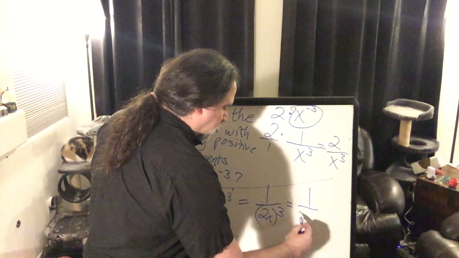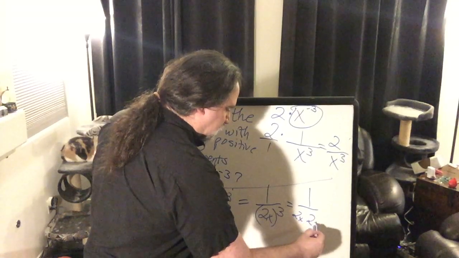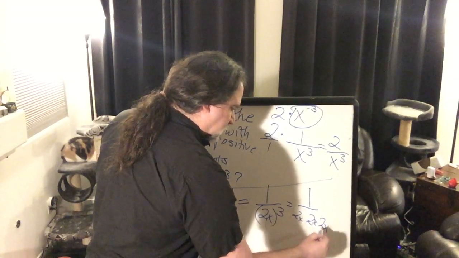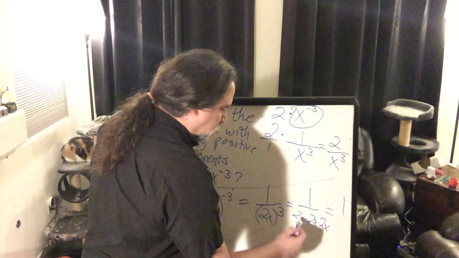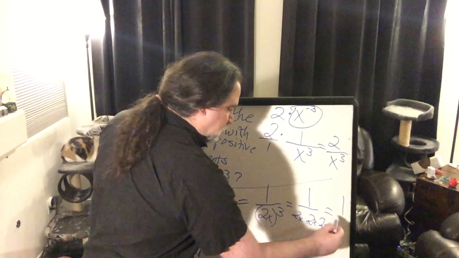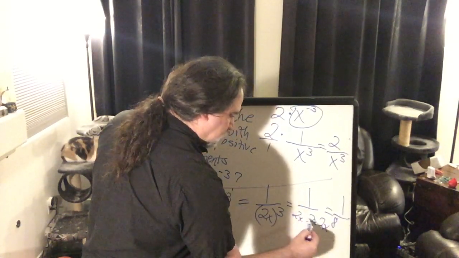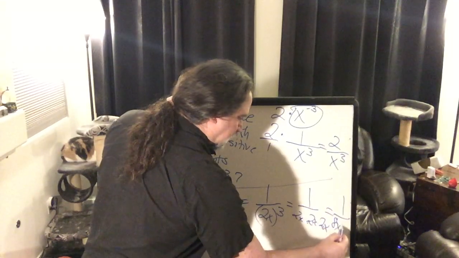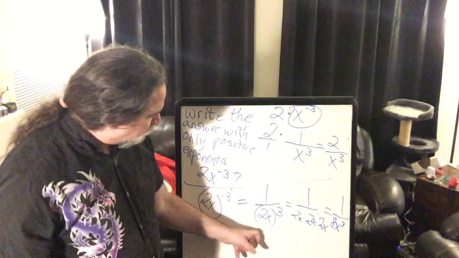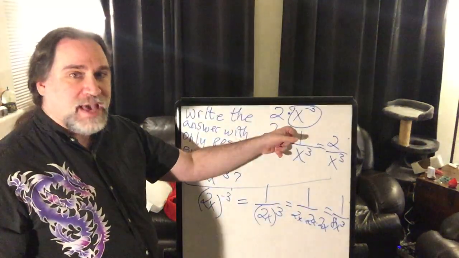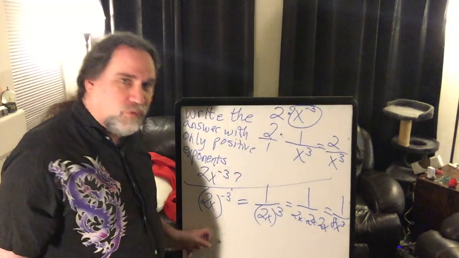So this would be 1 over 2x times 2x times 2x. 2 times 2 is 4, times 2 is 8, and x, still 3 of them, x to the third. So they're very different if they have the parentheses around the whole thing or not.